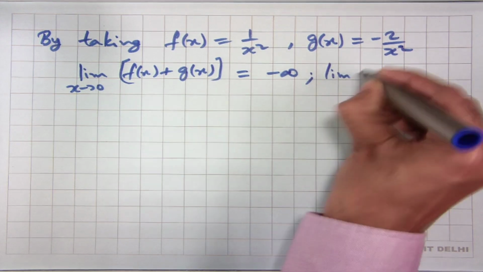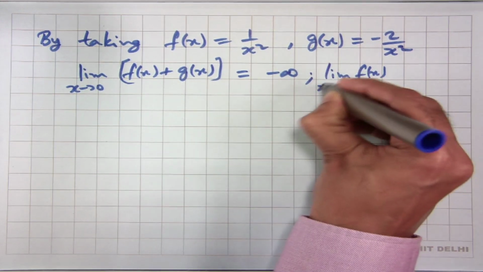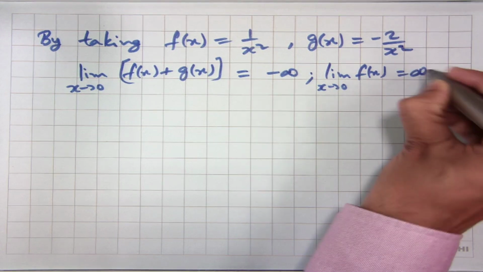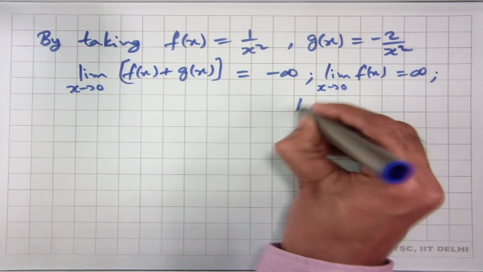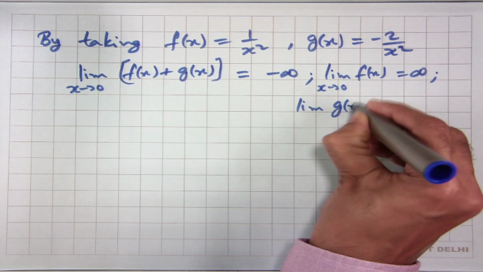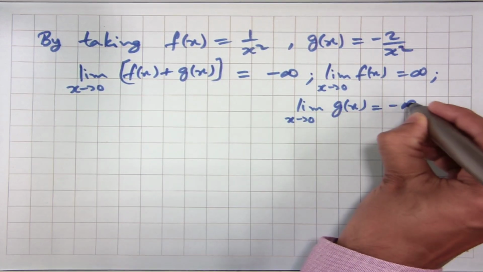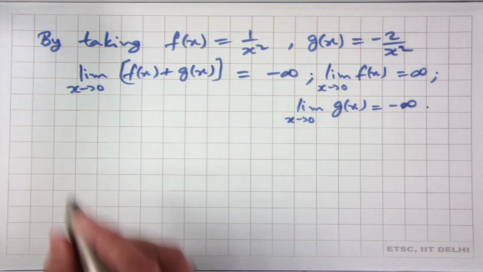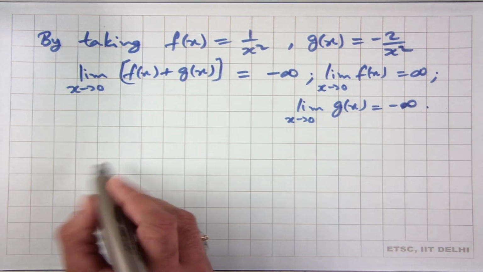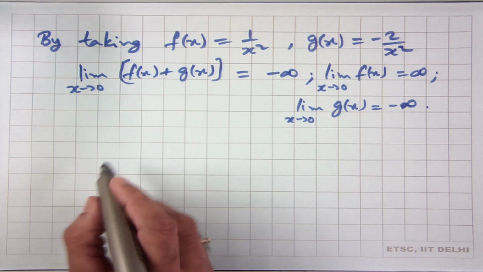The limit of f(x) is infinity and the limit of g(x) is minus infinity. So, what we saw is that this infinity minus infinity can take anything.